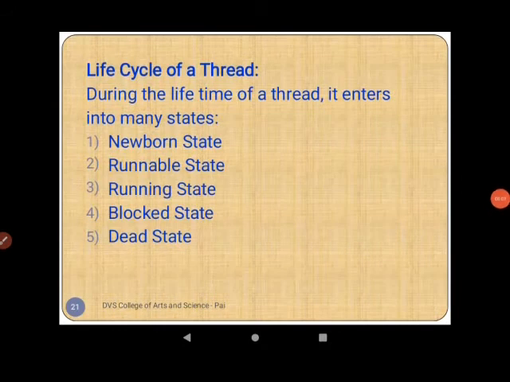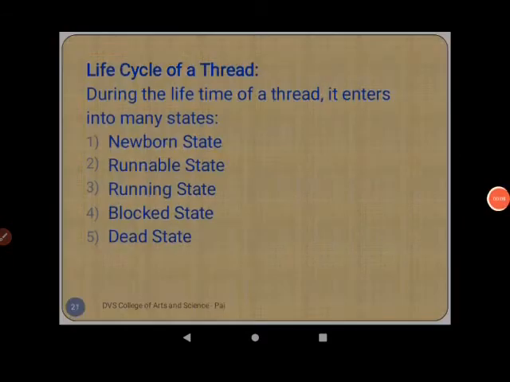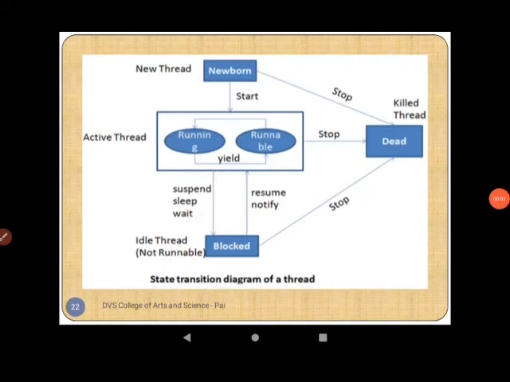Life cycle of a thread. During the lifetime of a thread, it enters into many states. The states are newborn state, runnable state, running state, blocked state, and dead state. Newborn state. When we create a thread object, the thread is born and is said to be in the newborn state.